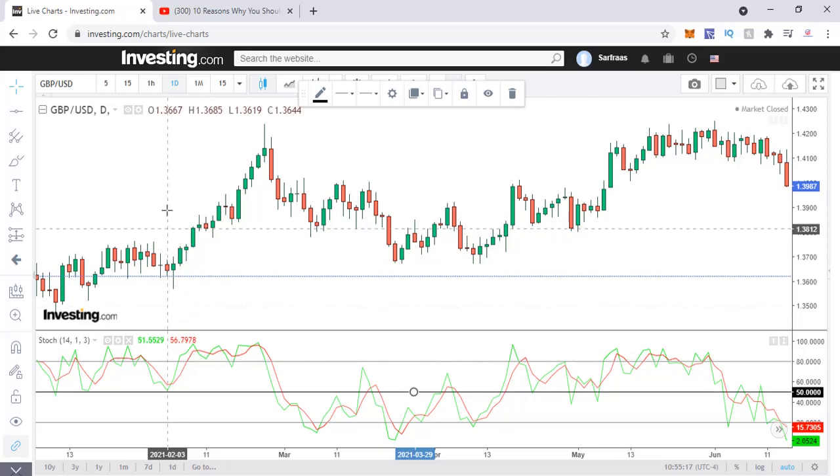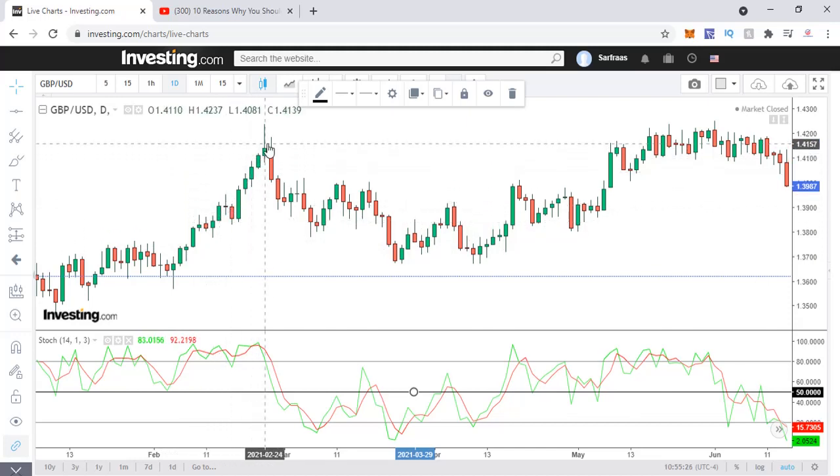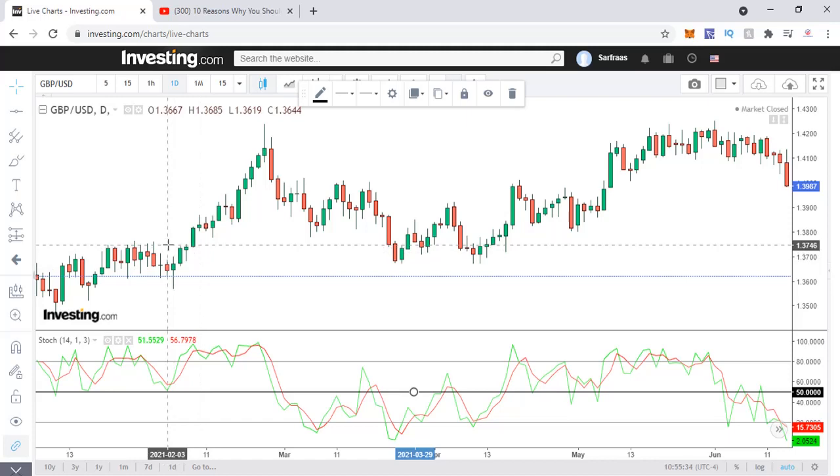Since we are on a day time frame, each candlestick represents one day: 1 2 3 4 5 6 7 8 9 10 11 12 13 14 15. So nearly 15 days this particular GBP USD was in an overbought zone. If you had exited here, you would be shorting too early and missing this entire rally.